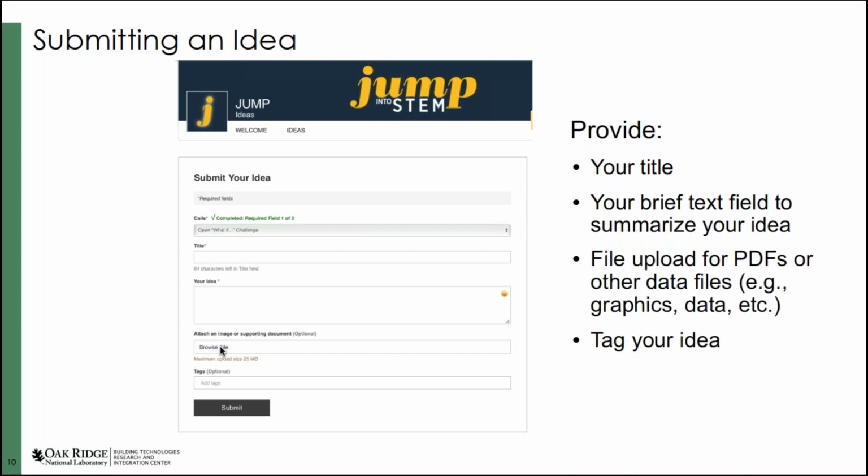This is a clickable button, and you can upload your PDFs or other data files that you want to include with your idea to help the judges understand what you're suggesting as a winning solution. And then when you're ready, you can hit the submit button, and the moderating team will review your idea and get it posted.